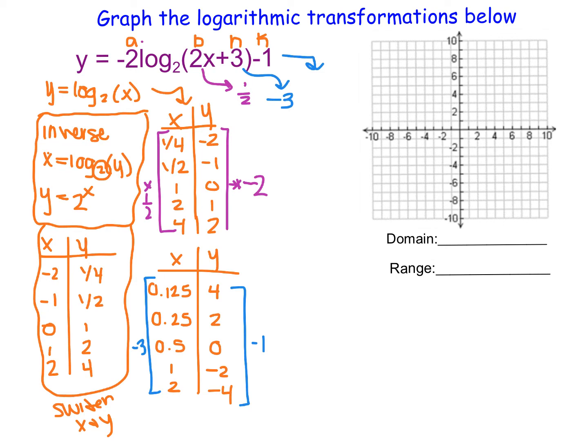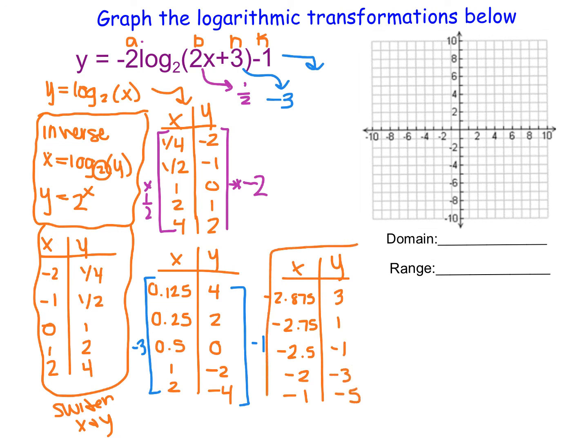So from here, if we actually apply those transformations, we end up with negative 2.875, negative 2.75, negative 2.5, negative 2, and negative 1. And then here, if we subtract 1, we end up with 3, 1, negative 1, negative 3, and negative 5. So this is our table of values that represents this logarithmic function right here with all of its transformations.